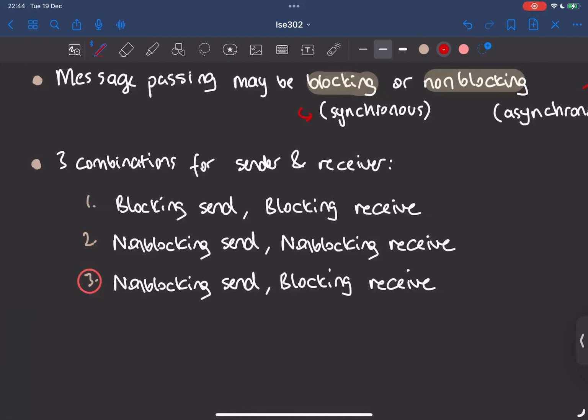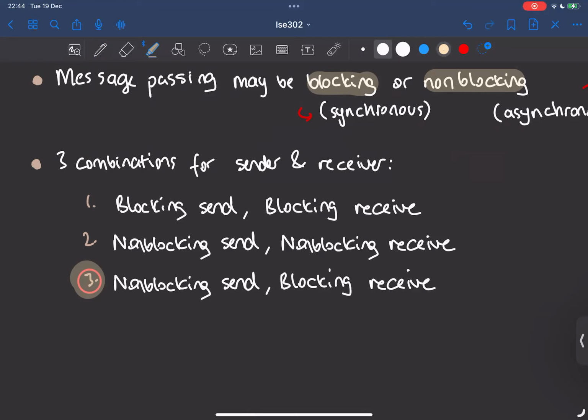The first one is blocking send and blocking receive. The second, non-blocking send and non-blocking receive. And the third is non-blocking send and blocking receive. Actually, the last one is the most used one, and it's the common scenario, especially in server processes providing services or resources to clients.